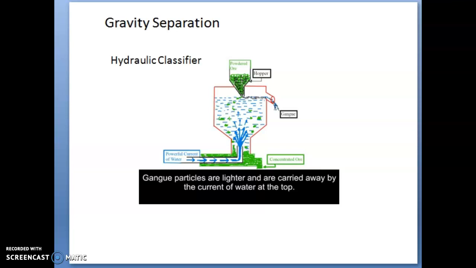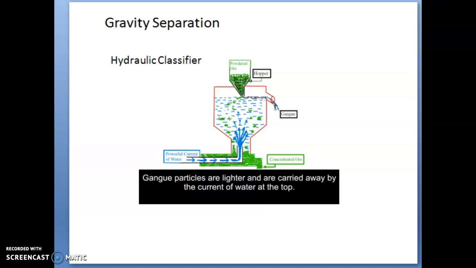So for that, the ore has to be ground and washed with a stream of water, and while washing, the ore material will be separated out, and the gangue material, which is lighter, will go away with the water.